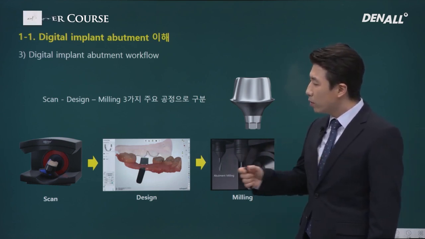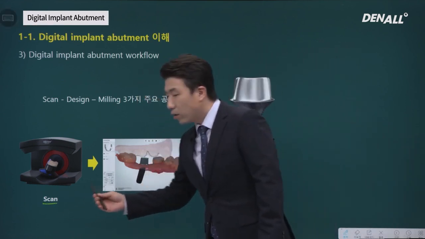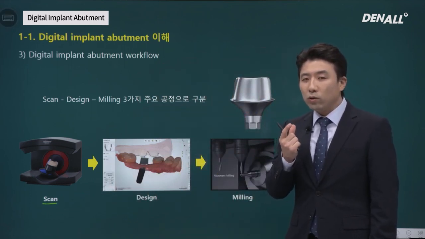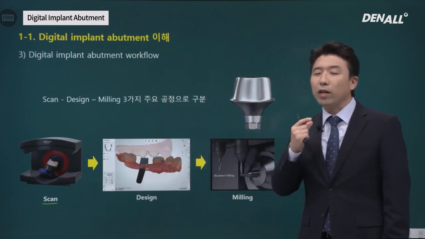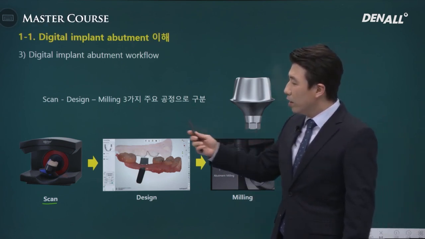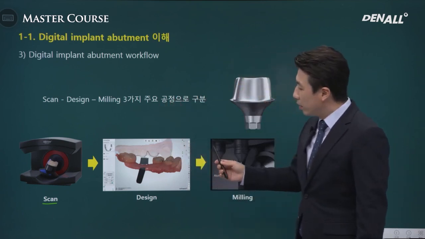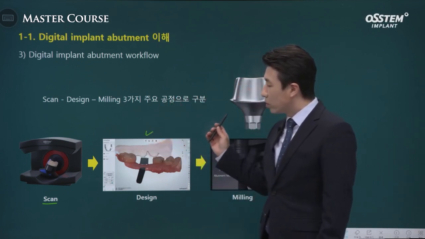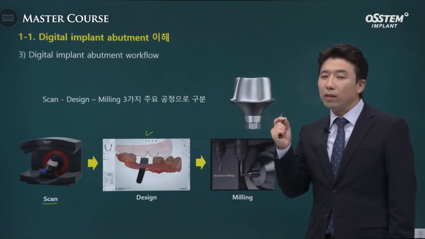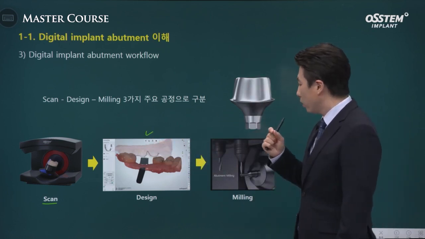We're talking about the fabrication process. The first is oral scan. You can use oral scan or use model in a conventional way, take impression, make model, and do model scan. Once digital data is gained, you can put it in the CAD software and fabricate abutment and the crown. The final process is milling.